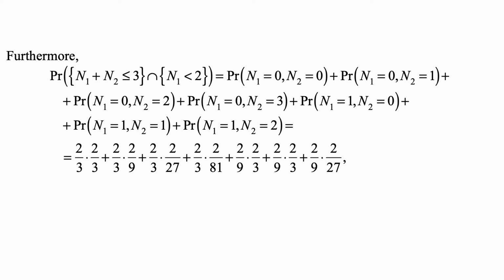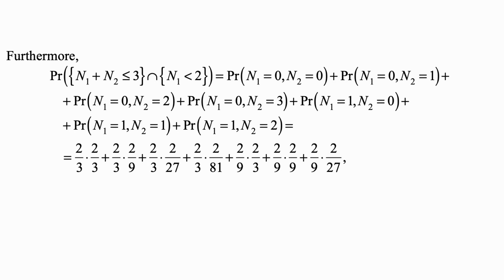and all of those individual probabilities can be calculated from the formula for the probability that n in general, either n1 or n2, is equal to a specific value of lowercase n. And once we figure them out, we get this: 2/3 times 2/3 plus 2/3 times 2/9 plus 2/3 times 2/27 plus 2/3 times 2/81 plus 2/9 times 2/3 plus 2/9 times 2/9.